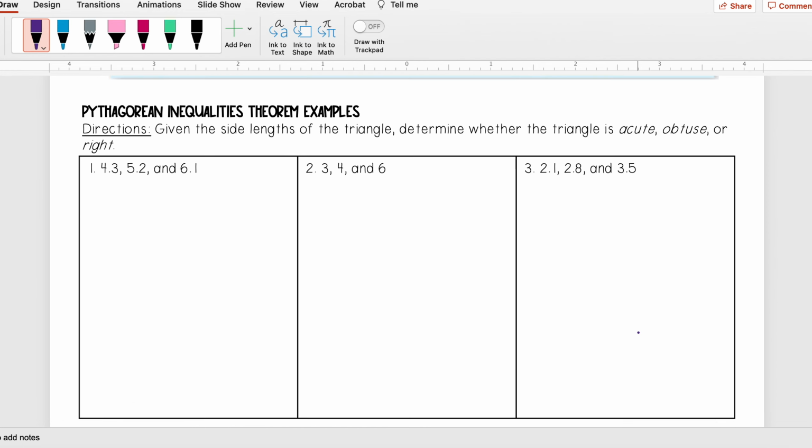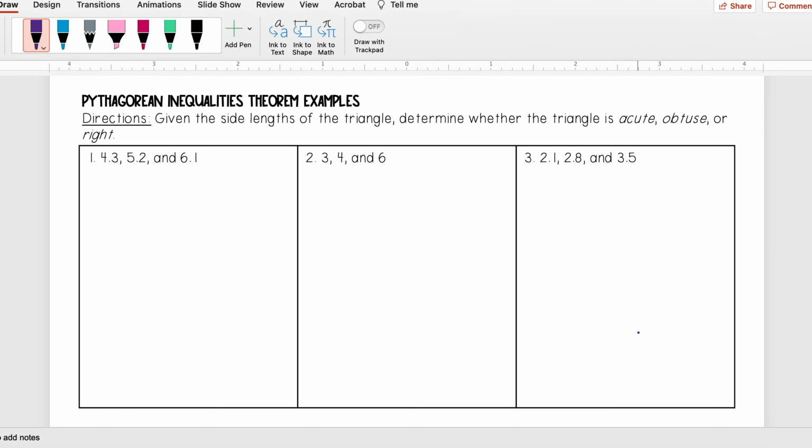So let's go through some examples. Given the side lengths of the triangle, determine whether the triangle is acute, obtuse, or right. So we're looking to see how c squared compares to a squared plus b squared. However, remember that c is the longest side. So I'm even going to make a note of that above here. c is the longest side.